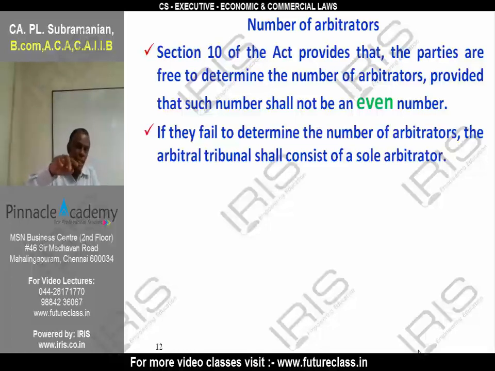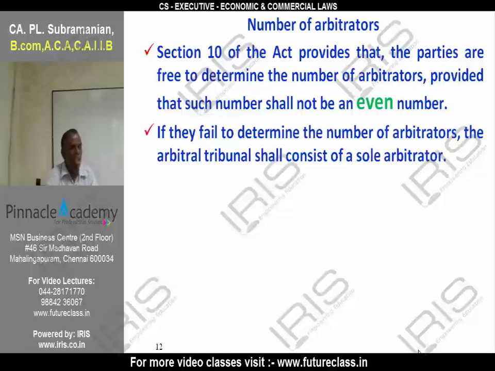Now the arbitration agreement says that they have to appoint the arbitrator. Now they have another dispute. What is the dispute? Whether they have to appoint 1 or 3 and all that. If they are not appointed like that, what happens? Only one arbitrator is required. That also they have to appoint. So they have a dispute about the original matter, and now they have a difference of opinion about the appointment of the arbitrator.